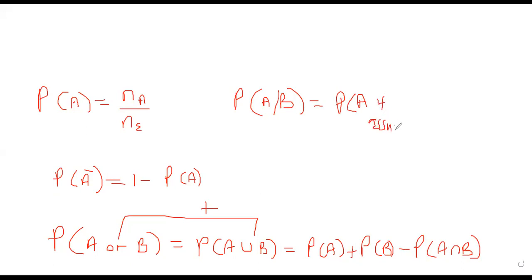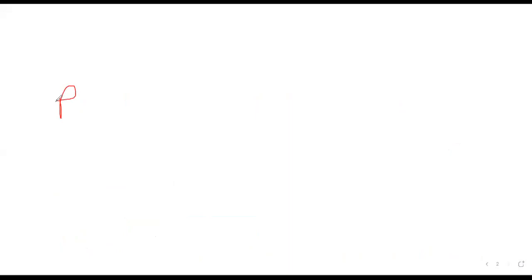Conditional probability. So you need to understand some grammar. A when B. So these ones all fall under what we call conditional probability, which falls under Bayes' theorem.